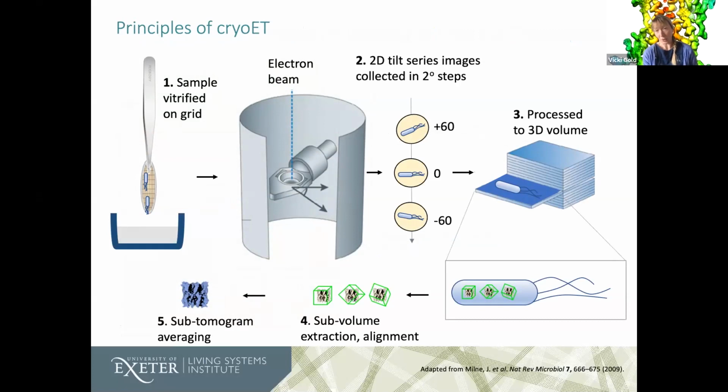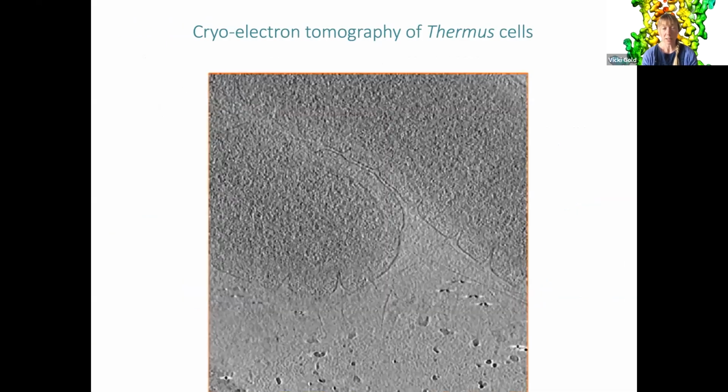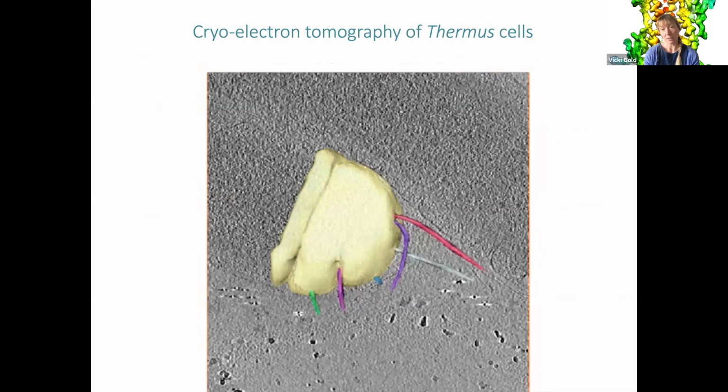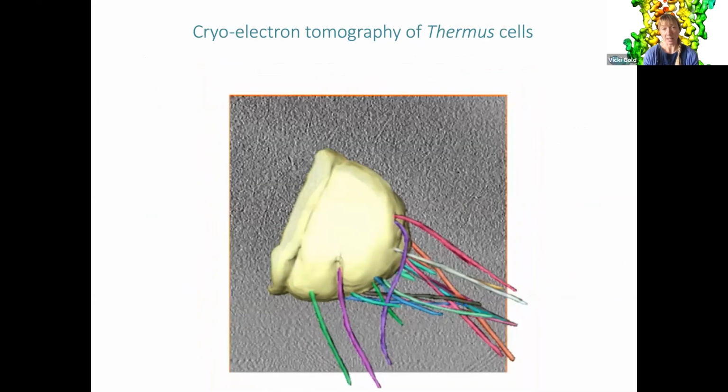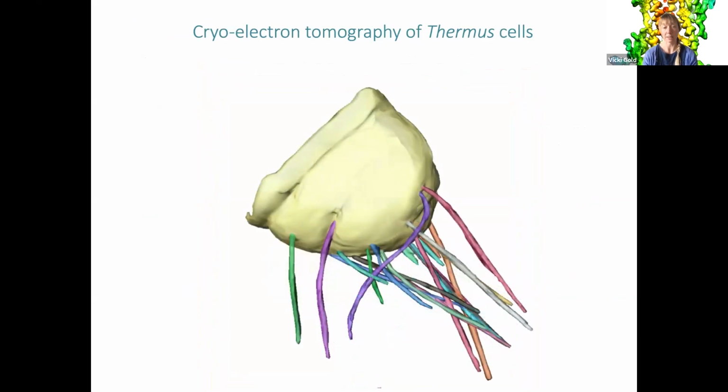We then select our proteins of interest, which can be extracted, aligned together, and a structure can be determined by subtomogram averaging. So here is a tomogram of a Thermus thermophilus cell. And you can see in the segmented version, we have numerous pili extending from the cell surface, and they're concentrated primarily at the cell poles.